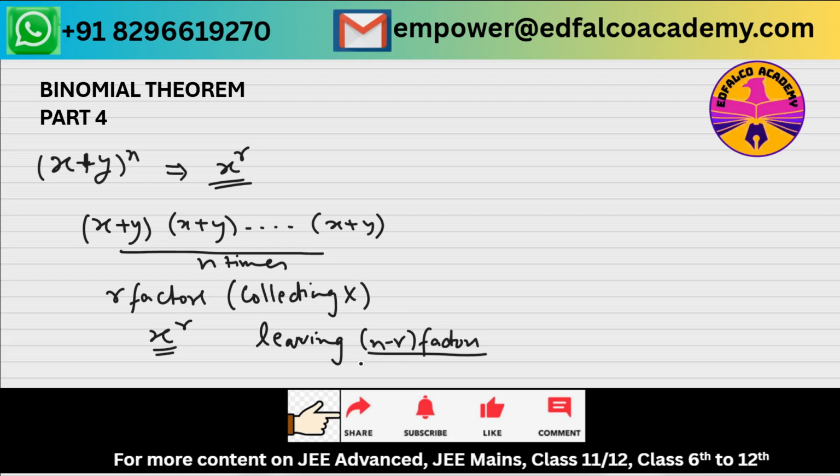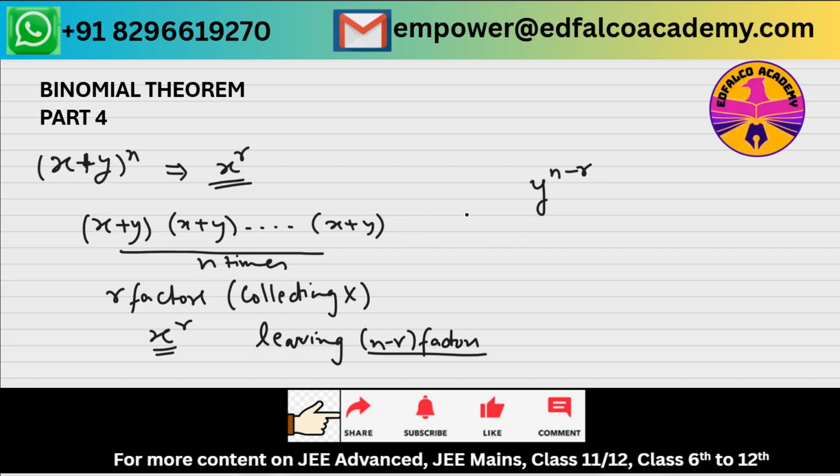So y is multiplied n minus r times, which gives y^(n-r). That is, the other term has to be picked from the remaining n minus r factors. So if you pick x from r factors, from the remaining n minus r factors you pick y, which gives y^(n-r).